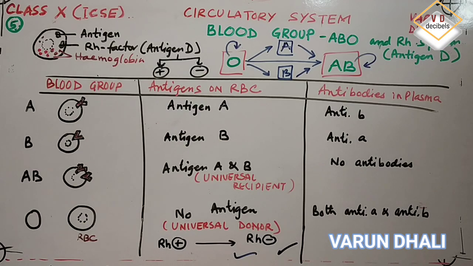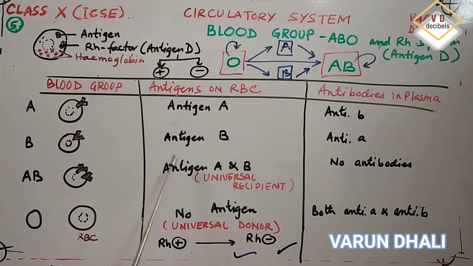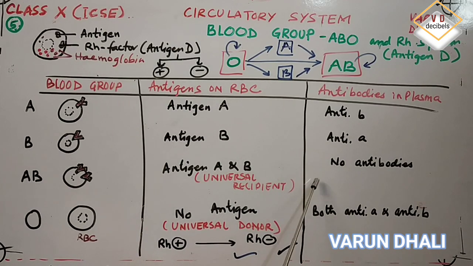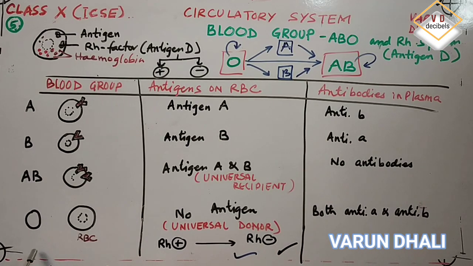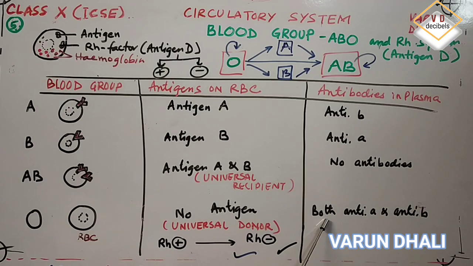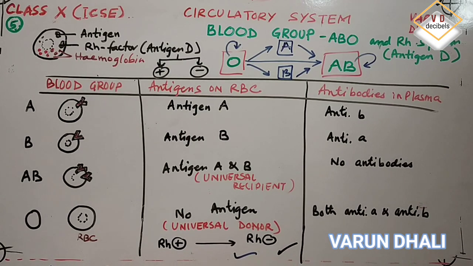A person with blood group AB has both antigens A and B on their RBC, and one thing please note, persons with blood group AB don't have any antibodies in their blood plasma. A person with blood group O has no antigen on their RBC, but please note this, those persons have both antibodies A and B in their blood plasma.